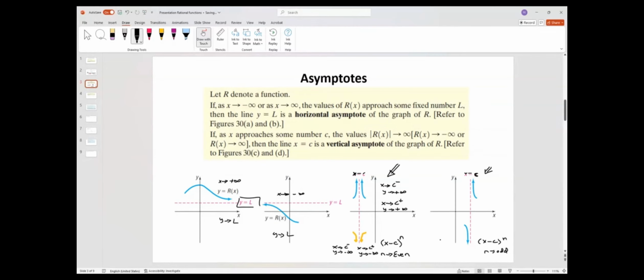So you will see how as x approaches c from the left, y approaches negative infinity, and as x approaches c from the right, y approaches positive infinity. The other possible behavior would be like this.